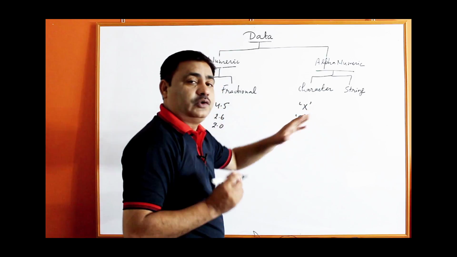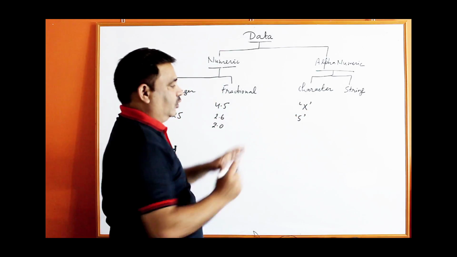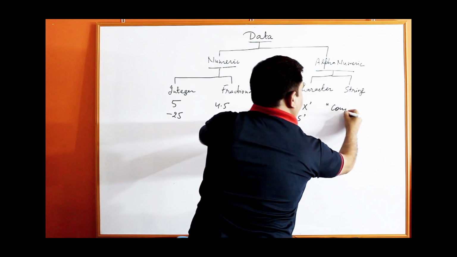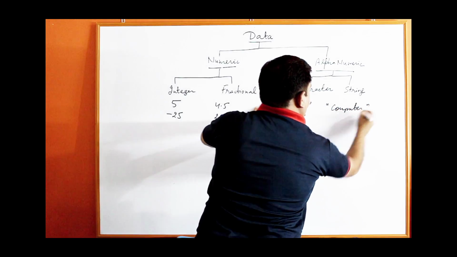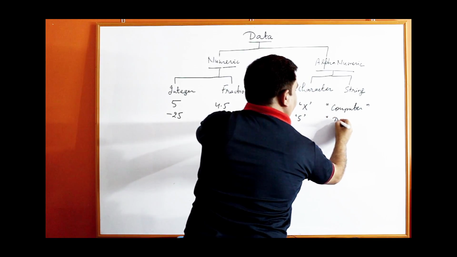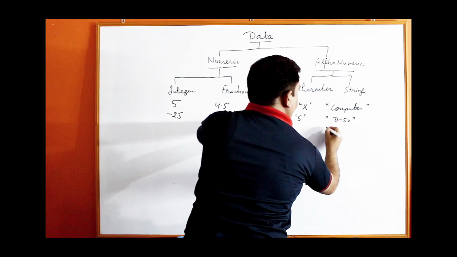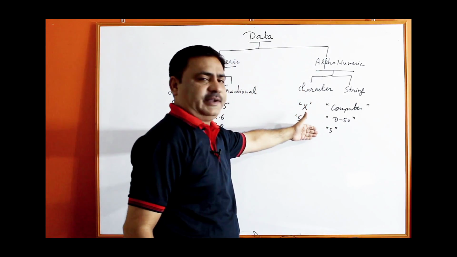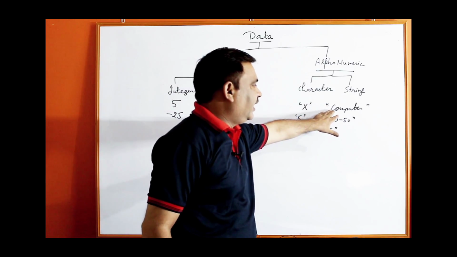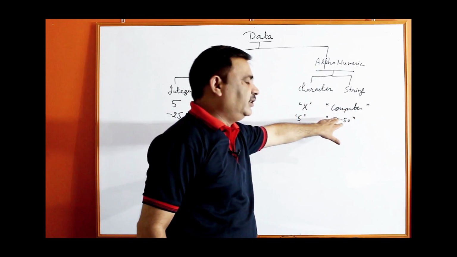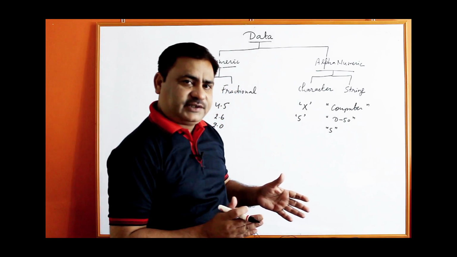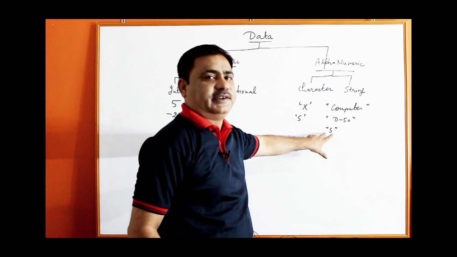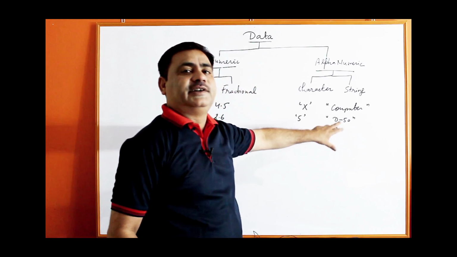A string is a group of characters in double inverted commas, any word like computer, or even an address like D50, or even a single digit. These are examples of the string data type. It can contain alphabets, digits, or a group of alphabets and digits. So a group of characters is called a string, and even a single character, if it is in double inverted commas, will be treated as a string.